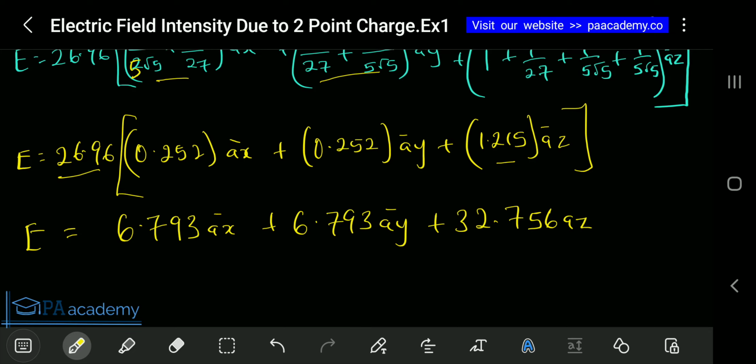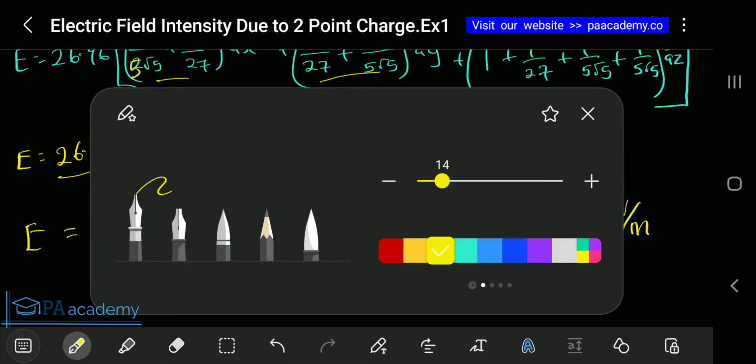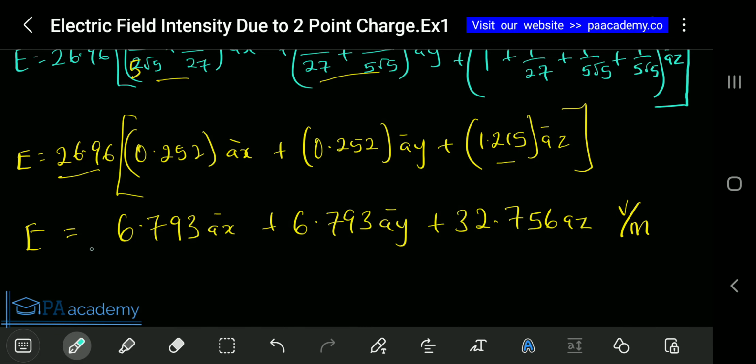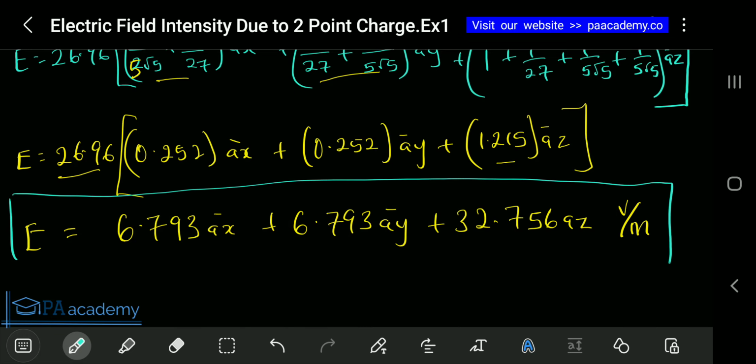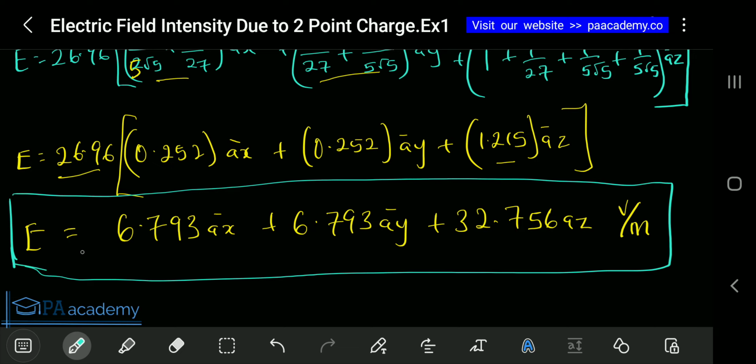And don't forget the units, V over M, or you can use Newton per coulomb. What we have here is the answer to the question. This is the field acting on point P due to the 4 other charges at P1, P2, P3, and P4.